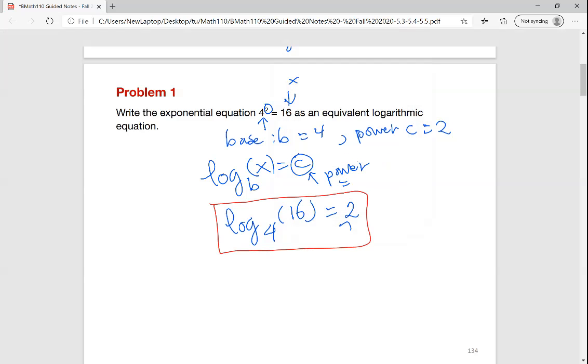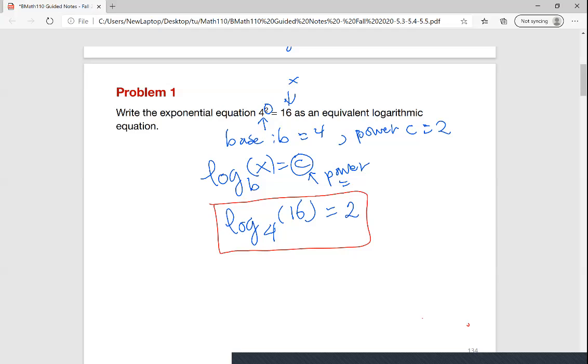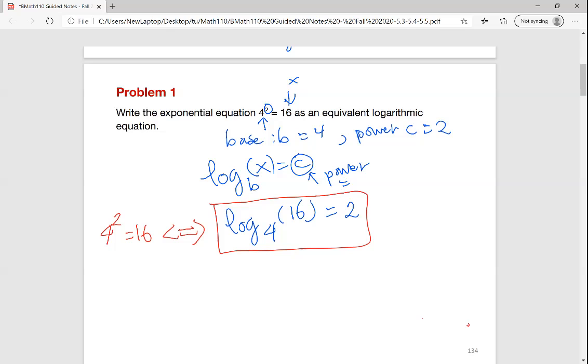All right. Okay, let's move down. Actually, before moving down, I would like to write that 4 squared equal to 16 is equivalent to log base 4 of 16 equal to 2.